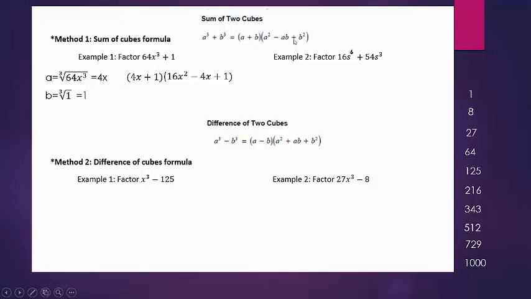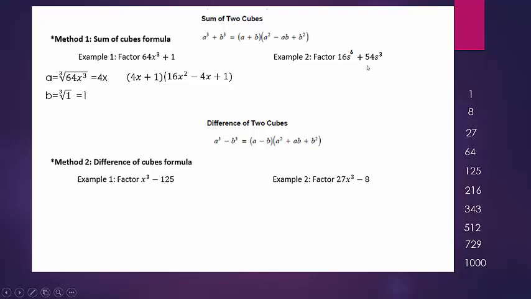And then we finish with plus b squared. And b squared is just 1, so we write plus 1. That is completely factored. You could always see if you can factor the quadratic, but so far I have not met a cubic problem that factors even further, unless there's a GCF, but there was no GCF.